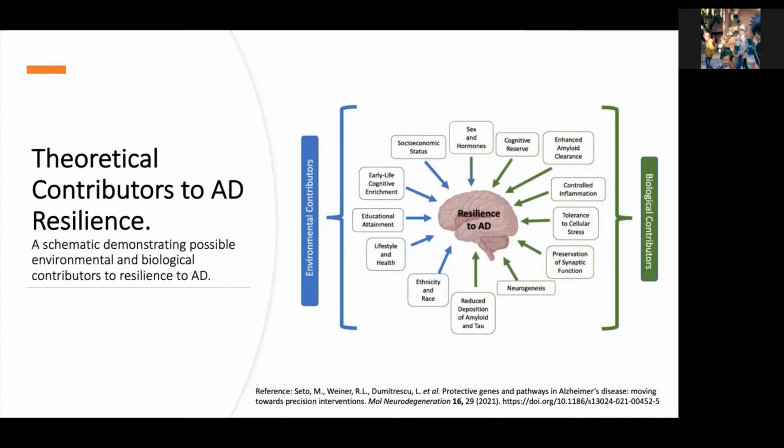And maybe also more direct biological contributors, like the allele type, which will more directly contribute to AD development. So that's just a general schematic diagram, which you can give to the next.